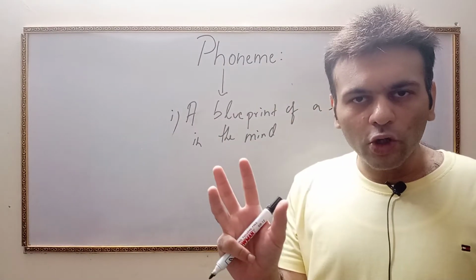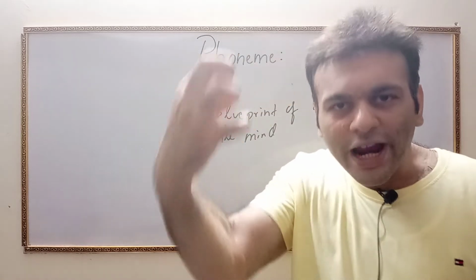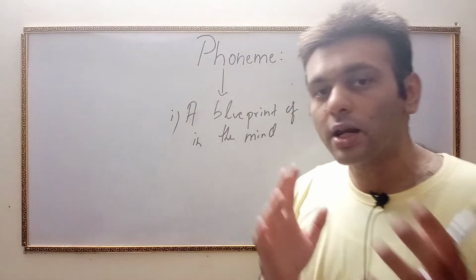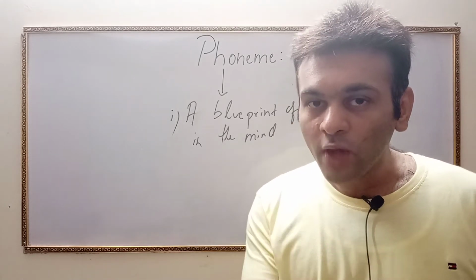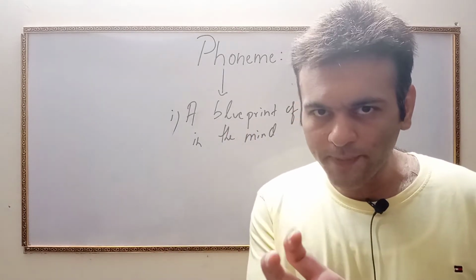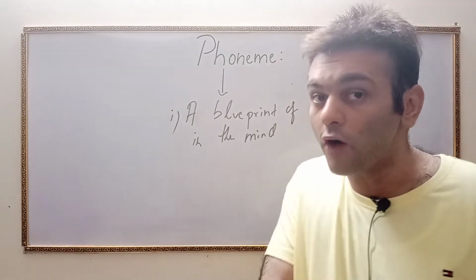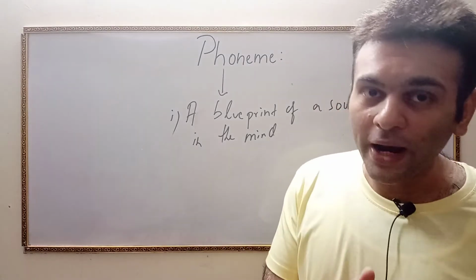A blueprint, what do we mean by this? A kind of a mental picture within the mind. For example, every speaker of a language knows what the phoneme, what the sound is at the initial position, at the second, third, fourth, and at the final position of a specific word in his or her respective language.